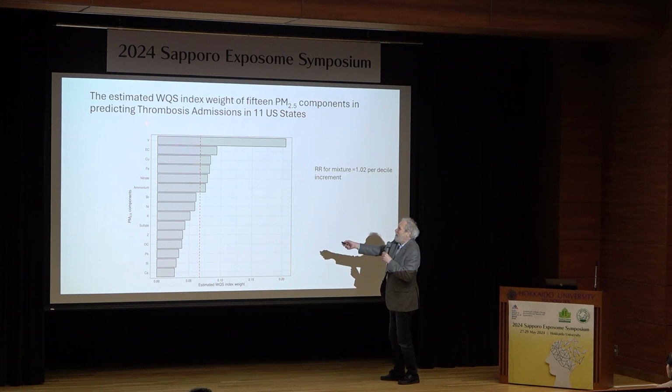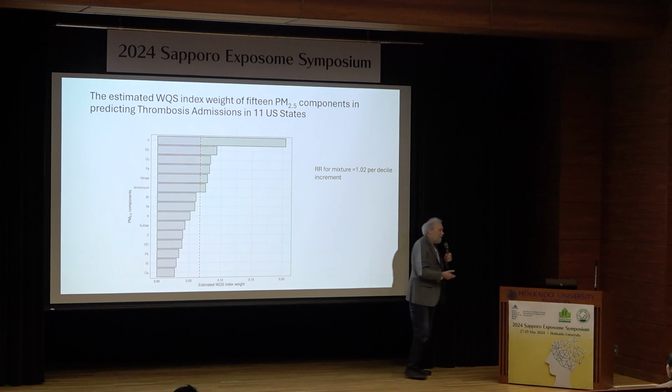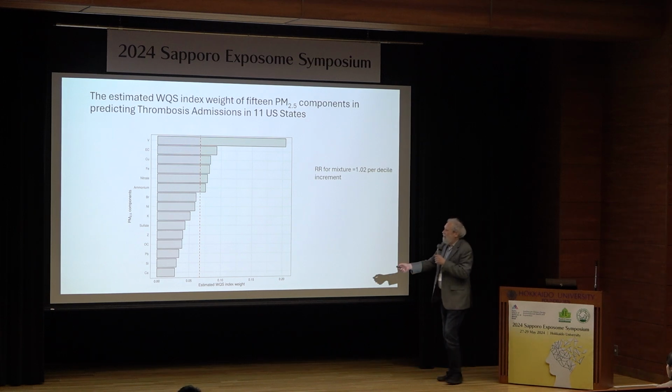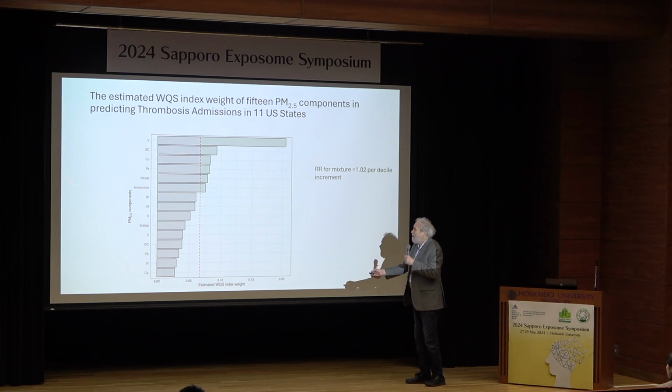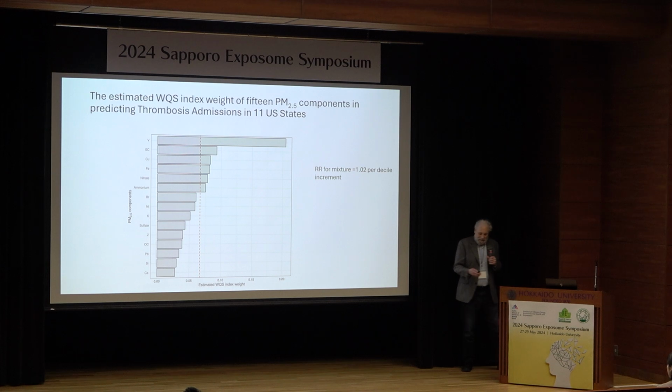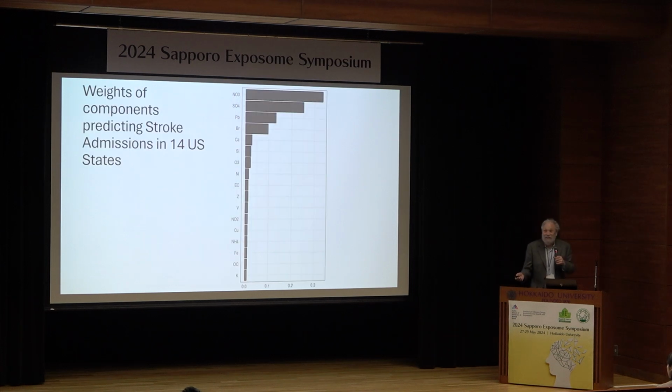So this is suggesting a traffic signal. Vanadium is not, that tends to come from heavy fuel oil combustion. And then I see things like sulfates and organic carbon, not important at all, okay, for thrombosis.